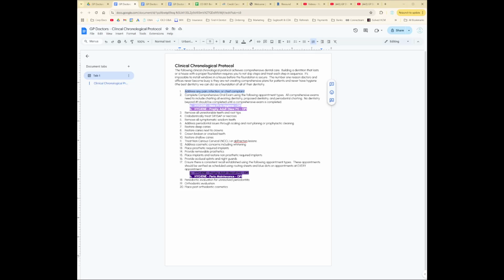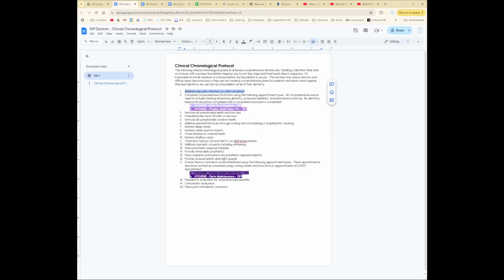Essentially, no dentistry should be done beyond number 1 until we have treatment planned and done a comprehensive oral exam. A lot of times what I see is, let's say, a root canal is done on the first visit, and then the next visit is potentially a crown on that tooth. That is out of sequence because we don't know if there's another infection that is more important than that crown.